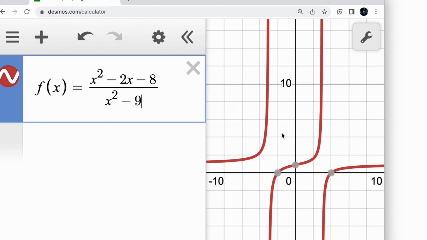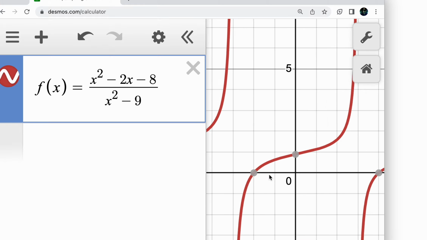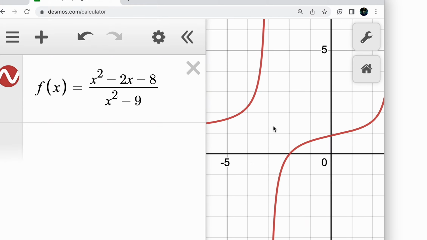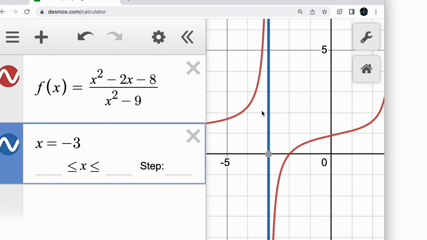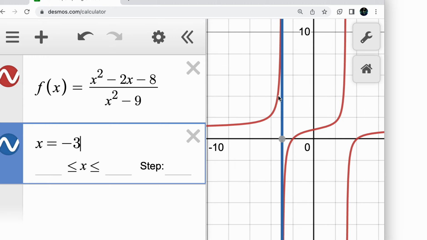Alright, so we see that the graph is heading toward infinity at an x value of -3. It's heading toward infinity on the left side of -3, but it's heading toward negative infinity on the right side of -3. So if we just type in x equals -3, this blue line is a picture of the asymptote that the function is approaching here.